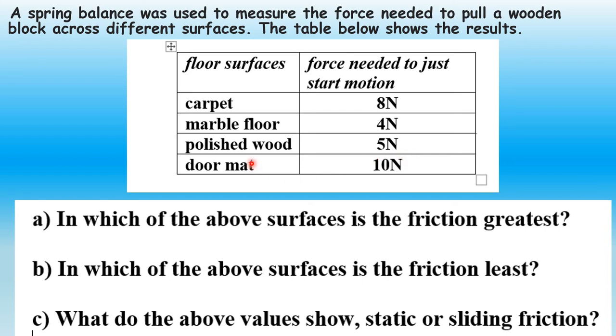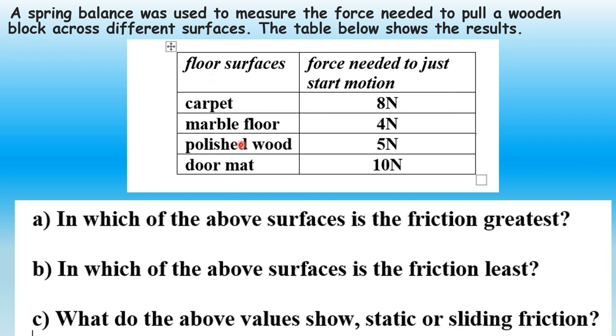Okay, children, we have told friction is due to the irregularities on the surface of the object. When the irregularities on both surfaces get interlocked, friction comes into action. And you have already studied rough surfaces will have more friction because there will be more irregularities.